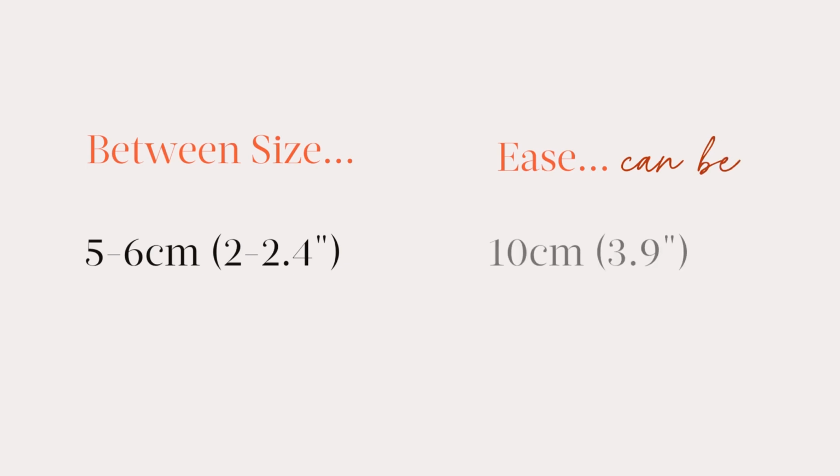Considering the grade between sizes is only 5 to 6 centimeters or 2 to 2.4 inches, the design ease can be anywhere from 10 centimeters or 3.9 inches or more. So you can see how impactful ease is when it comes to sizing. But as with all things sewing, it's tailored to you.